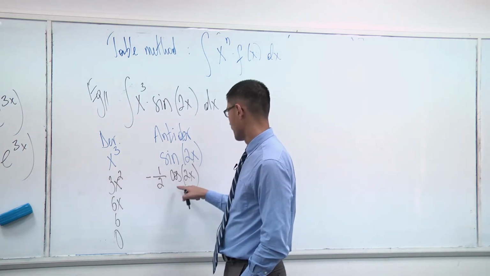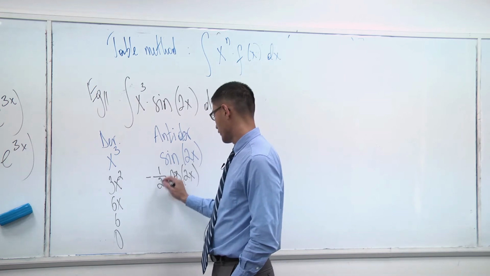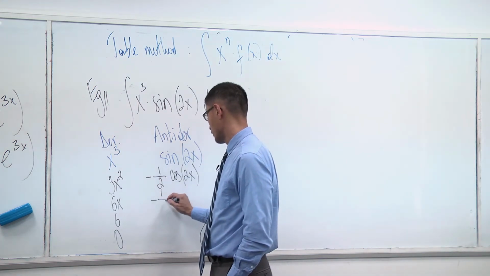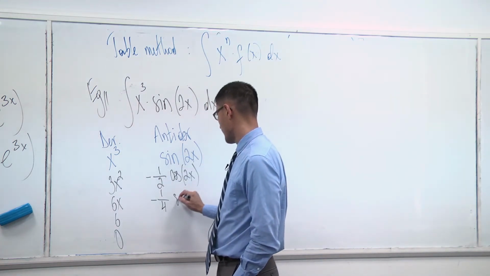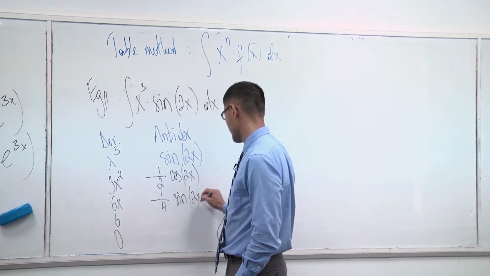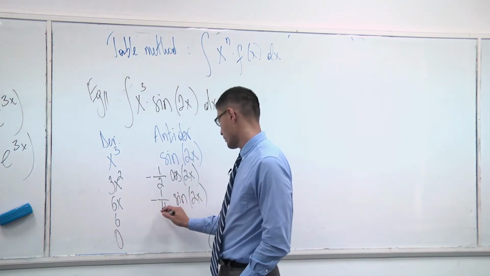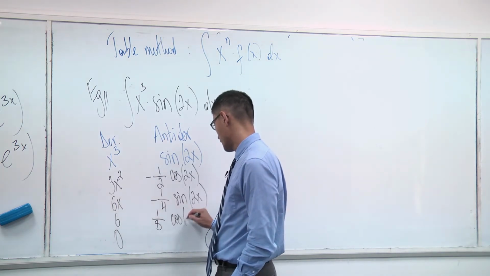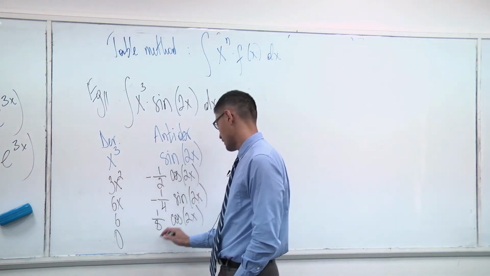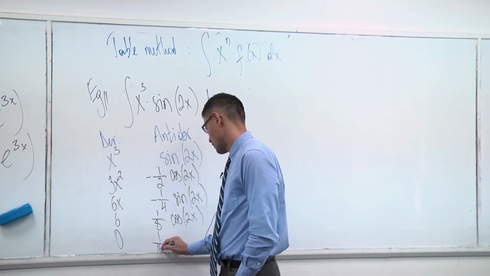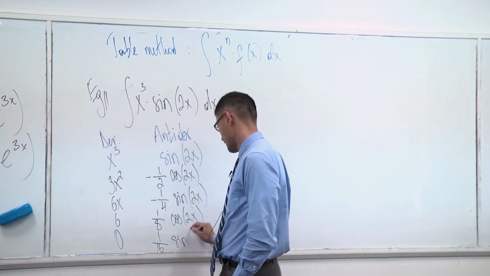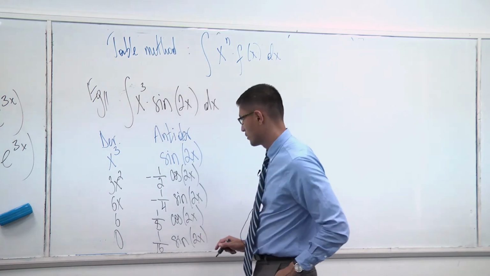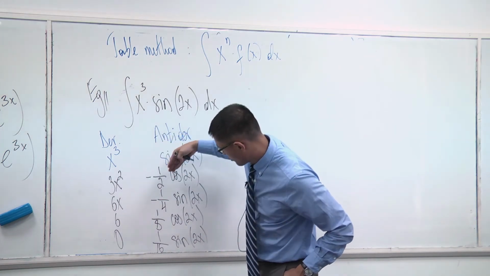And if I take the antiderivative one more time, I'll get minus 1 over 4 sine of 2x. And if we do it one more time, we'll get 1 over 8 cosine 2x. And then finally, 1 over 16 sine 2x.